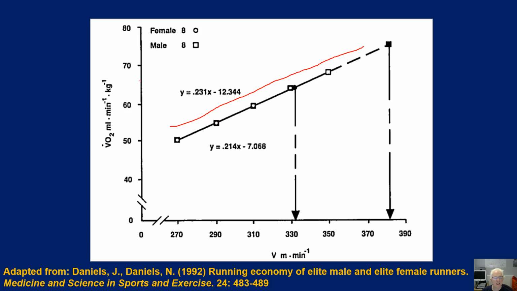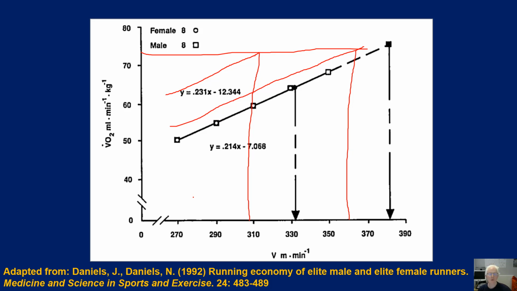I'm going to draw my line across. So this is roughly where the VO2 max line is. I'm just drawing the horizontal. Again, this isn't precise. Look at the effect now when you extrapolate it back down. They're still, performance-wise, better, but look at the difference. We've gone from about 380 meters per minute to around about 360. We've lost 20 meters per minute. And again, you could just keep making them less and less economical to demonstrate the point. If I go really uneconomical here, look at that. They would actually have a worse velocity at VO2 max score than the females.